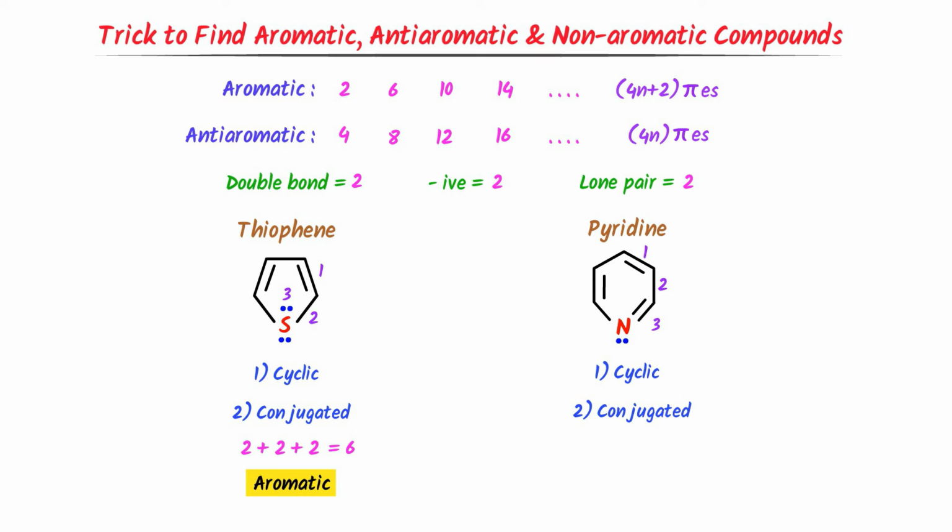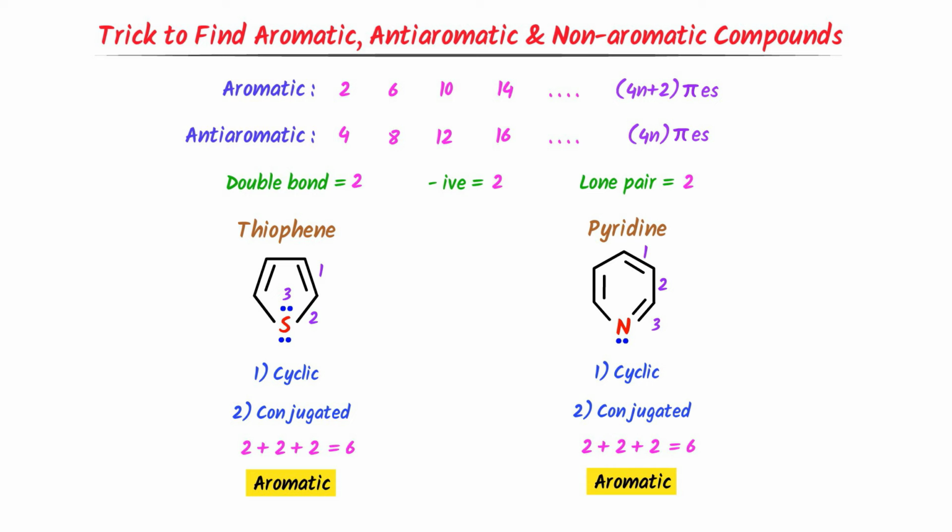For these 3 double bonds, I write 2 plus 2 plus 2, which is equal to 6. Here, remember that for this lone pair of electrons, I do not write 2 electrons because it is not participating in conjugation. 6 electrons means aromatic compound. So this is an aromatic compound.